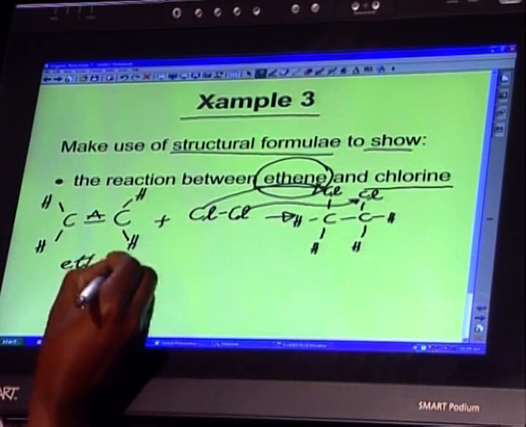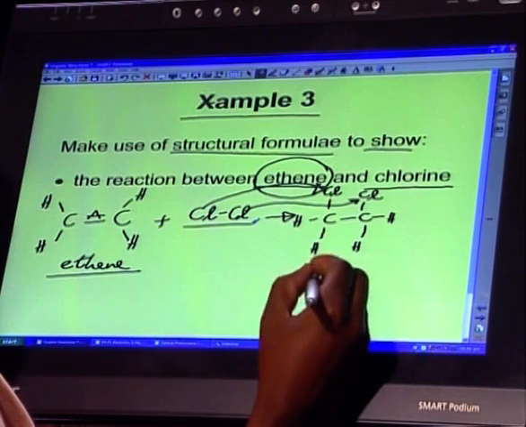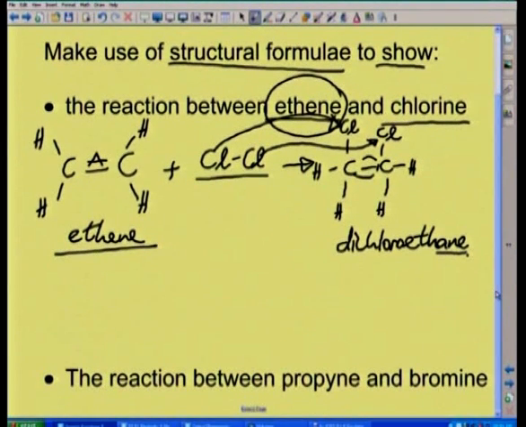Let me write it down here. React with chlorine, you form dichloroethane. It has to be ethane here because it's a single bond there between carbon atoms. Now, that is how the reaction takes place.